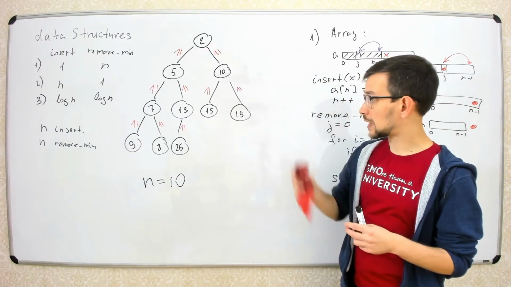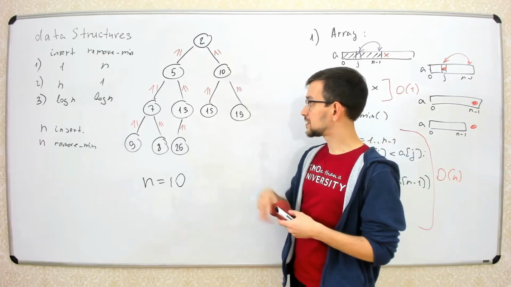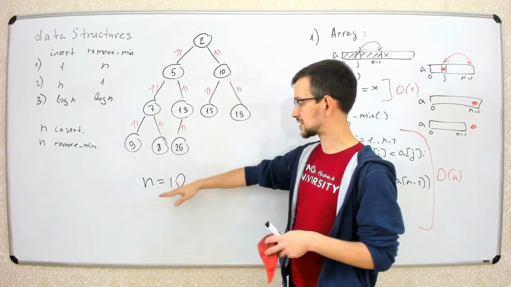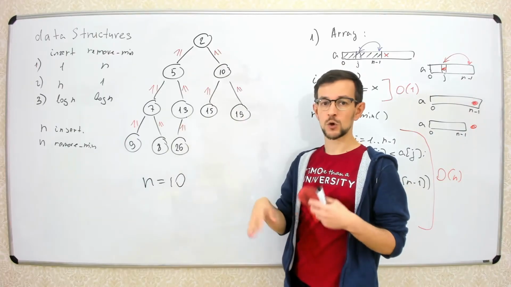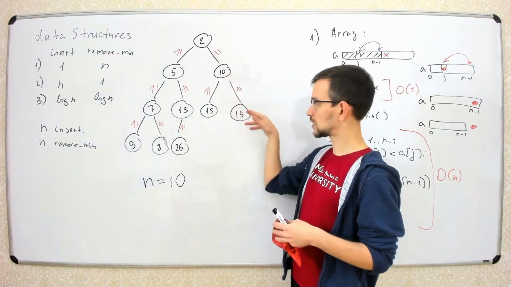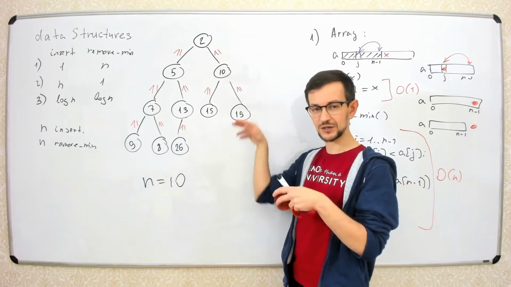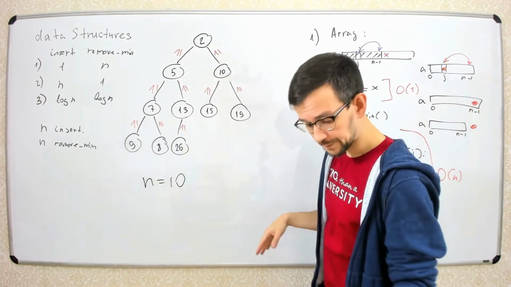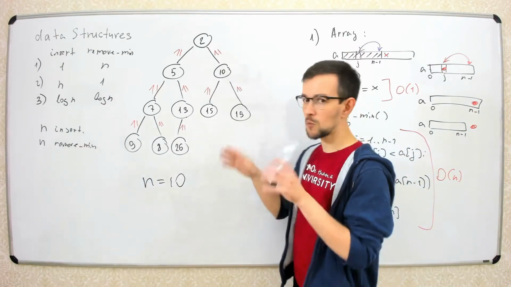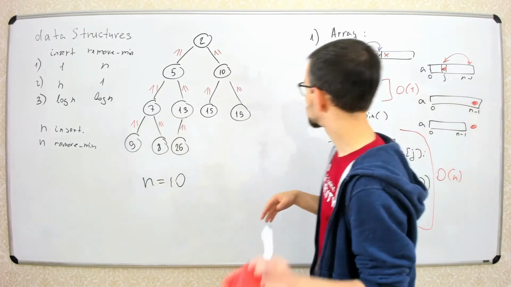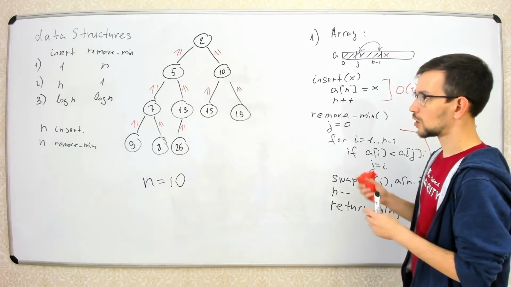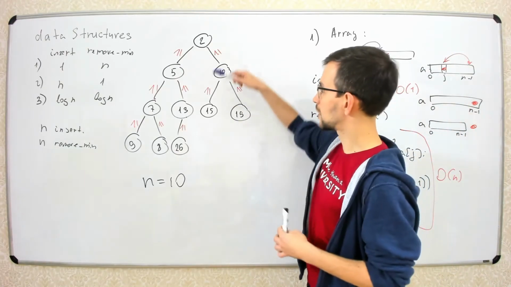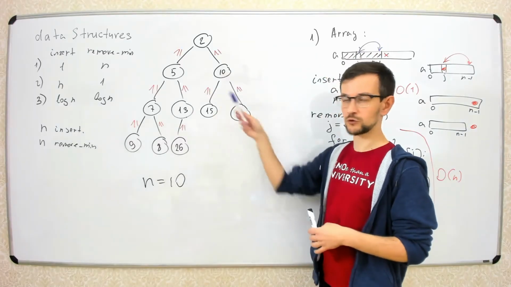But in our case, the structure of the tree is fixed. So the tree of size 10 always looks like this. So we don't need to remember which element is the child of which element, because the tree always looks like this. Instead of having some complicated structure of nodes, we will just enumerate all the nodes in the right order, from top to bottom, from left to right.